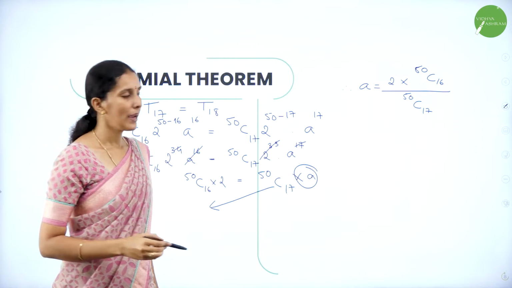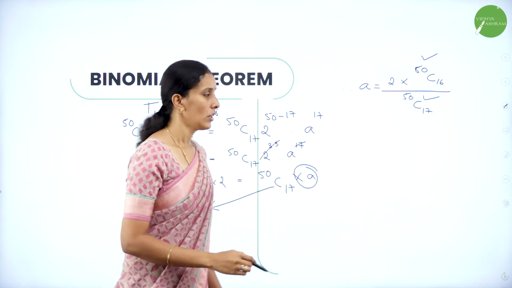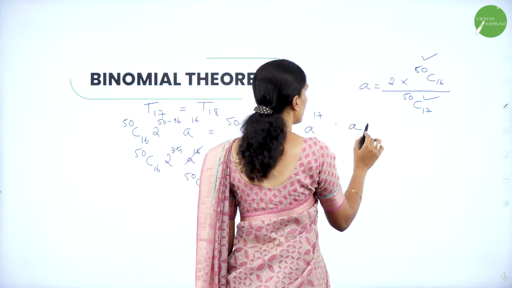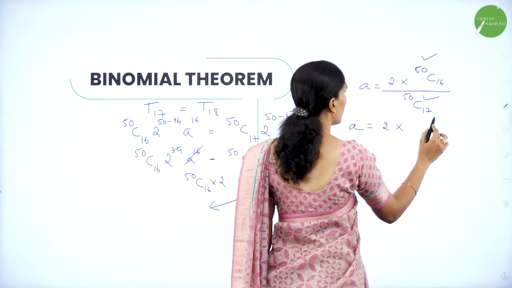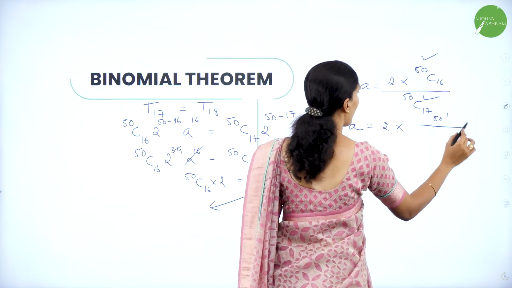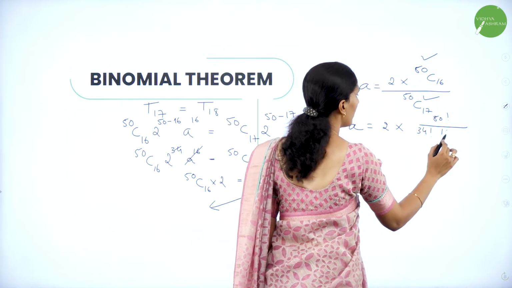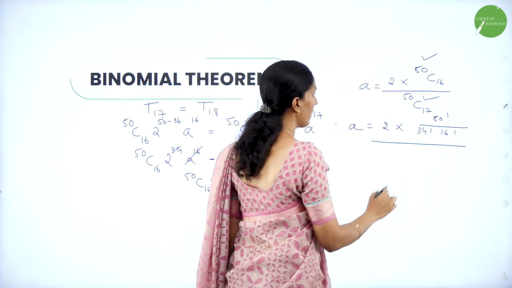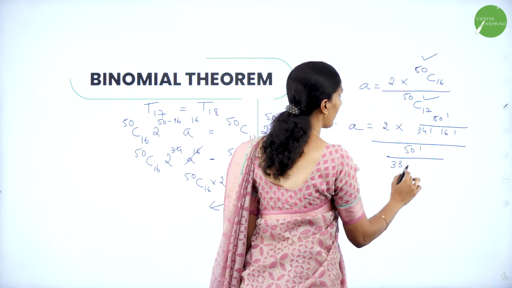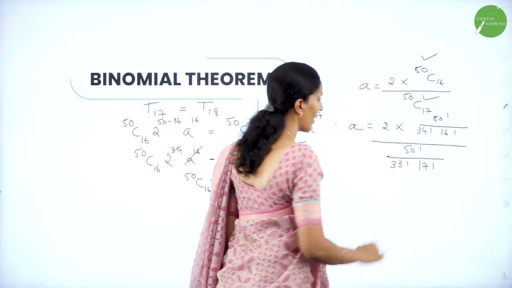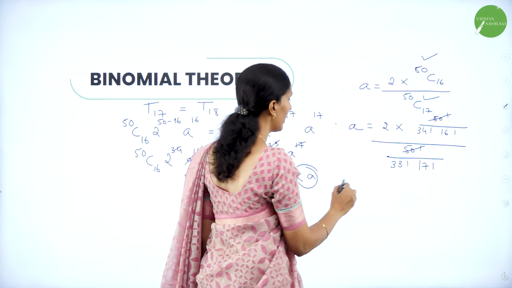So when you multiply and find the value of 50C16 and 50C17, the value of A is equal to 2 into, so this is 50 factorial divided by (50 minus 16) is 34 factorial into 16 factorial, whole divided by 50 factorial divided by 33 factorial into 17 factorial. So 50 factorial, 50 factorial can be cancelled.